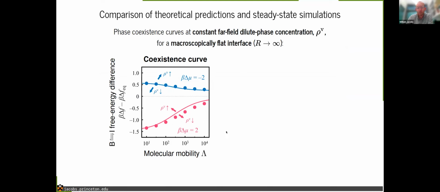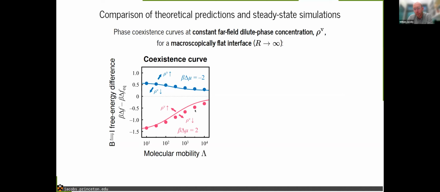Okay, so putting all this together, this allows us to predict non-equilibrium phase diagrams. I'm showing you here the case of a macroscopically flat interface, in other words, a gigantic droplet where the interface looks locally extremely flat. If you always have the same concentration of molecules in the far field, then you have to tune this internal energy that distinguishes the B and I states in order to remain at coexistence.